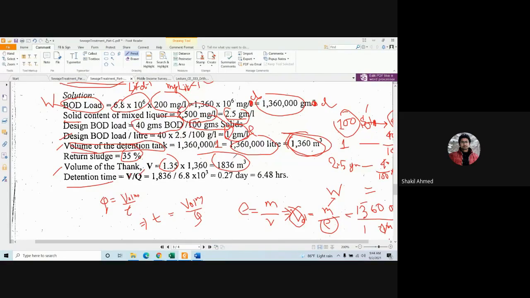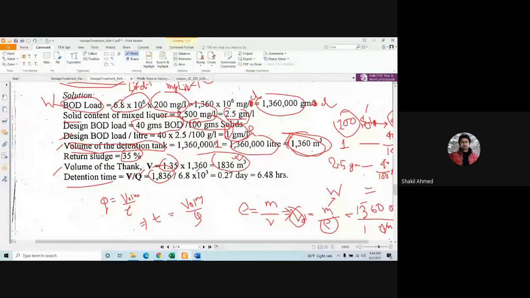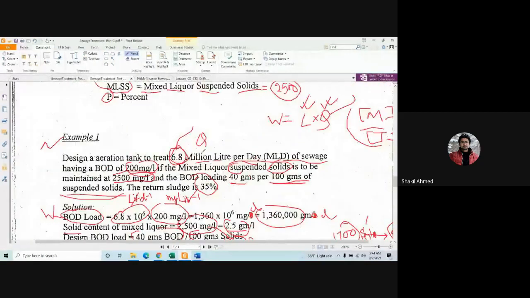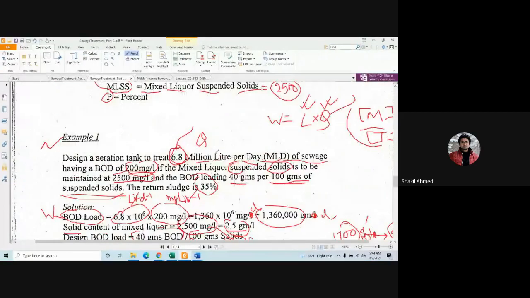You know the volume is 18.36 and Q is actually given as 6.8 million liter per day. By the way, this is in meter cube and this is 6.8 million liter. If you convert it to meter cube, you have to divide it by 1000. So it will become 6.8 into 10 to the power 3 meter cube.